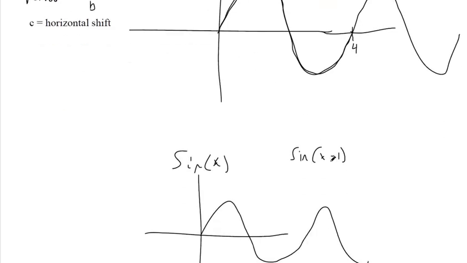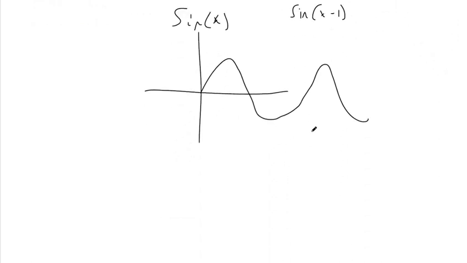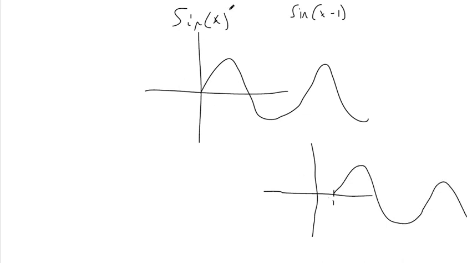So that means we're doing a horizontal shift. If you remember from when we did horizontal and vertical shifts before, a -1 is kind of reverse logic. We would think that means we go back 1, but -1 means we actually move forward 1. So this is what sine of x minus 1 would look like. This one starts at 0 on the x-axis because there's no horizontal shift. This one starts at 1 because I have a horizontal shift.